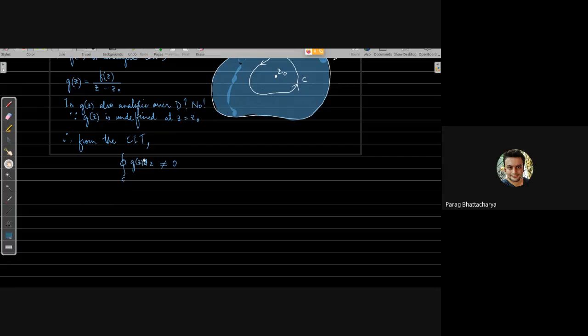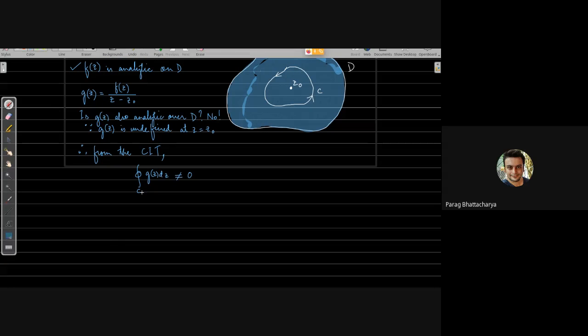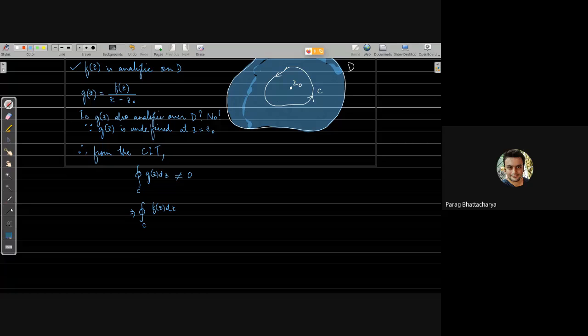If the integral of g of z dz is not zero, what is g of z? g of z is f of z divided by z minus z naught. So the integral over c of f of z dz divided by z minus z naught is definitely not zero.